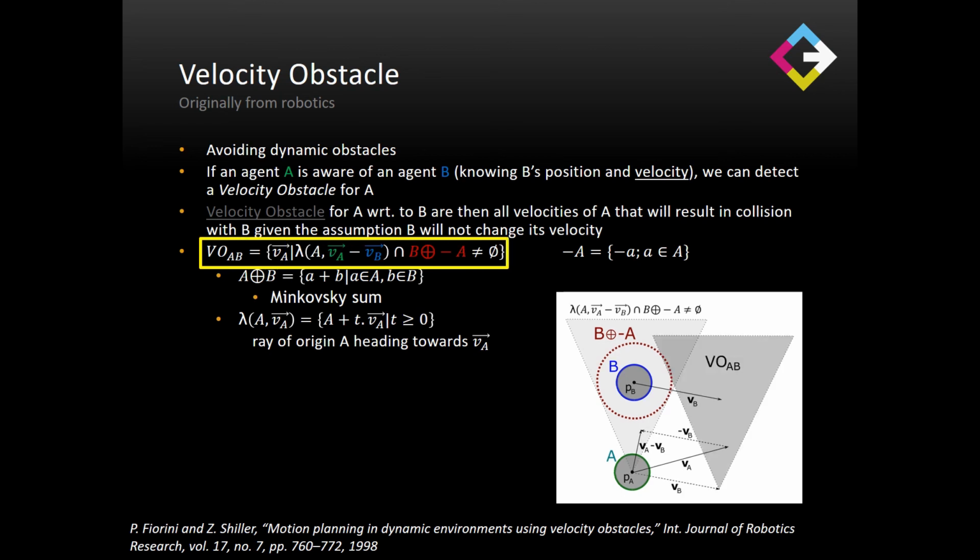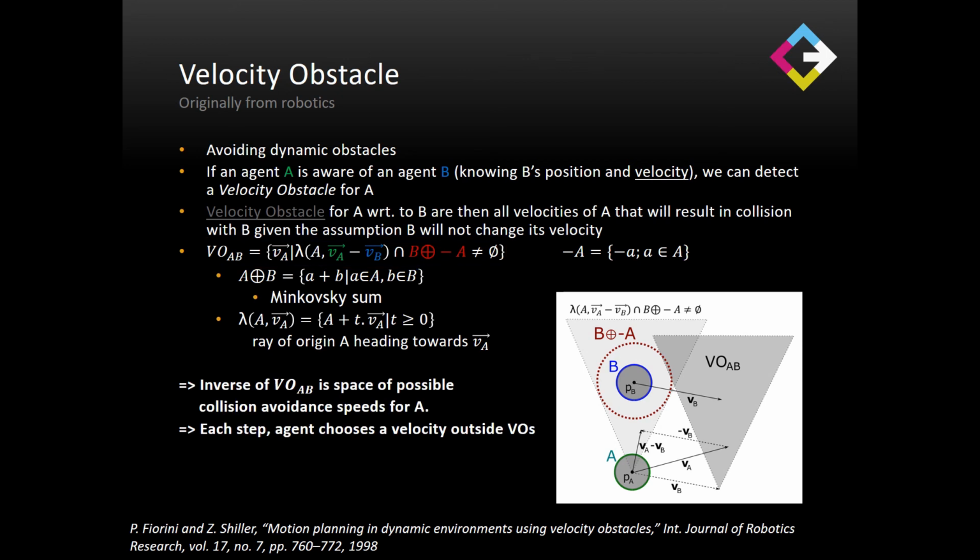And if we translate this with current velocity of B, we get an area of speeds for A we want to avoid. In other words, if A wants to avoid collision with B, it better picks a speed outside of pictured velocity obstacle. That is, agent A will compute velocity obstacle for B every frame and choose its speed outside of that velocity obstacle. All good.